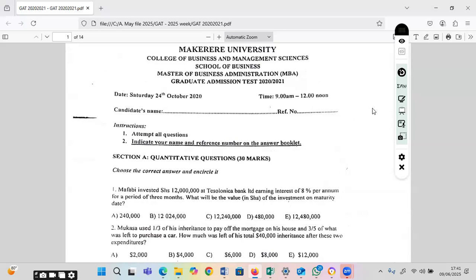Now they're asking you what is going to be the value of the investment on the maturity date. So before we proceed, we need to know some of the few principles under simple interest. So simple interest, these are the principles you must know as we proceed.